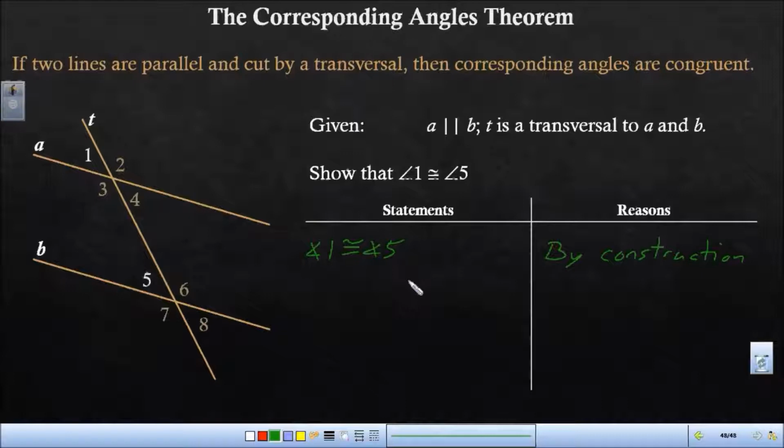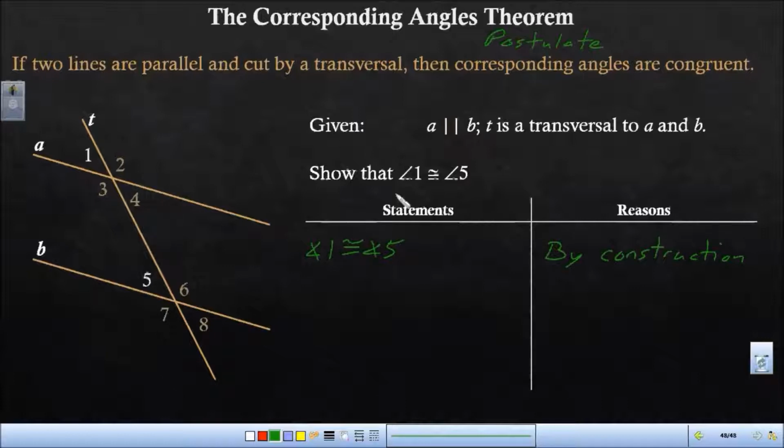But this one, the corresponding angles theorem, we actually take as a postulate, which means it is assumed true, although we've shown it true using a construction. Technically, you would also need to show 2 and 6 congruent, 4 and 8 congruent, and 3 and 7 congruent. But we'll leave that for an exercise for the student later. Alright, so let's get into the actual proofs.